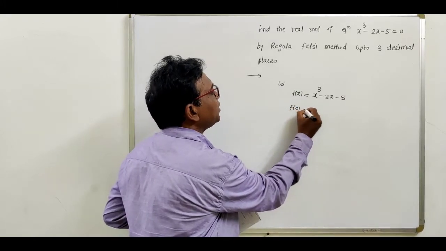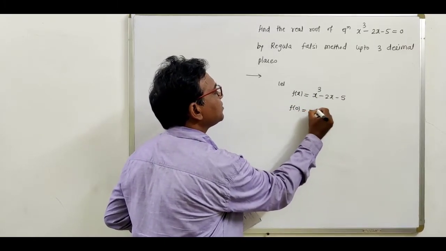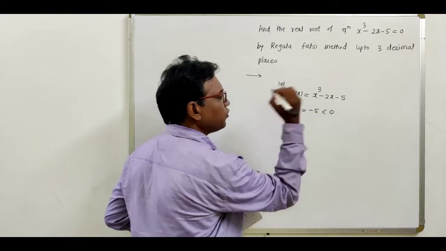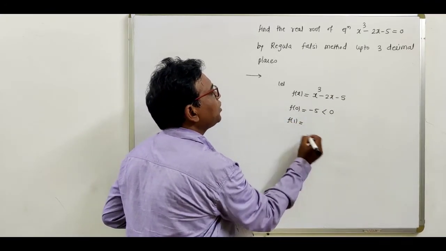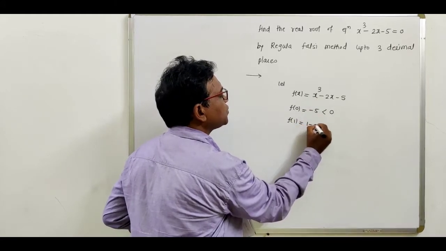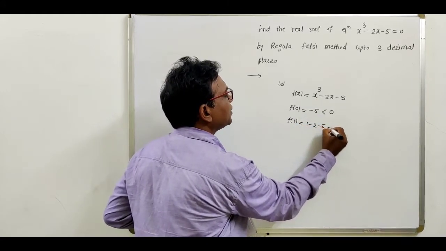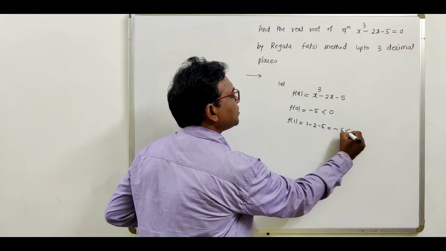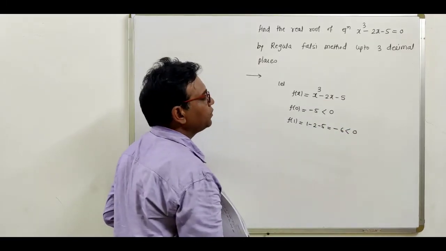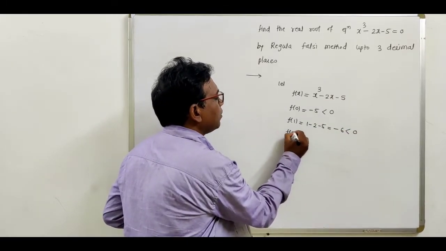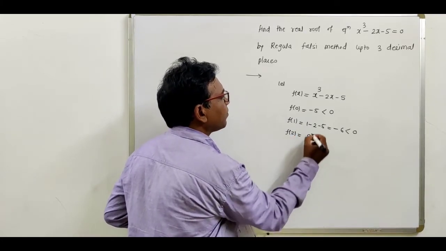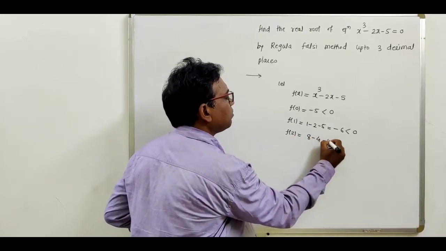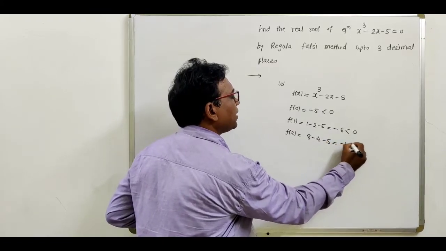Put x equal to 0. So 0 minus 0 minus 5, this is minus 5. This is a negative functional value. Put x equal to 1. So 1 minus 2 minus 5, this is minus 6, which is again a negative functional value. Find f2. 2 cube is 8, minus 4 minus 5, so this is minus 1.